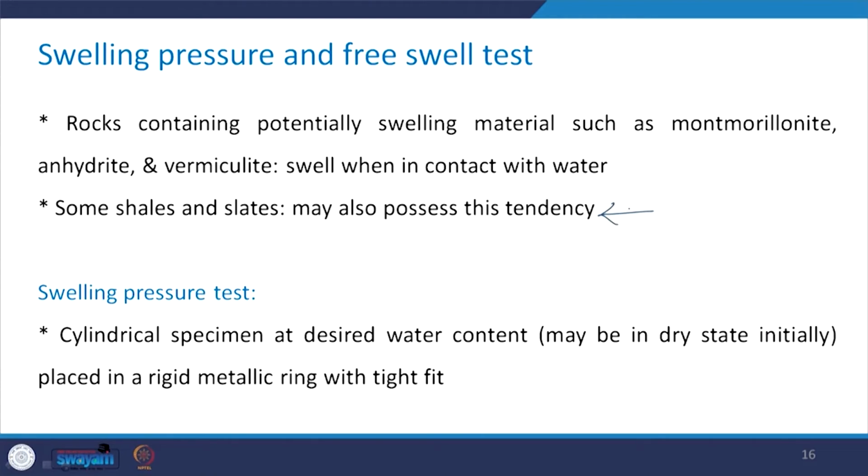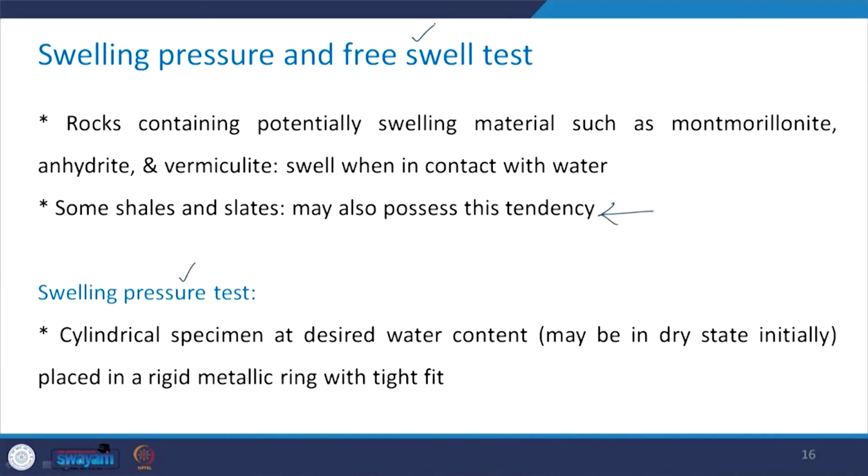There are two tests, one is the swelling pressure test and another is the free swell test. As the name suggests, in the swelling pressure test, we are going to measure some kind of pressure. I will tell you what it is. And in the free swell test, we are going to allow the specimen to swell freely.